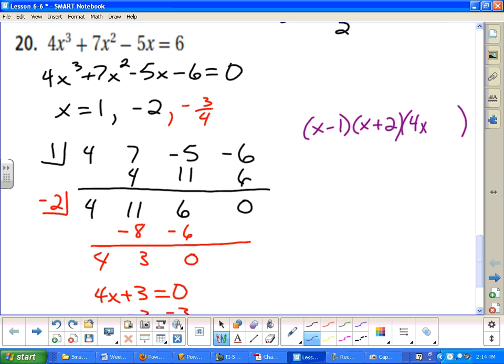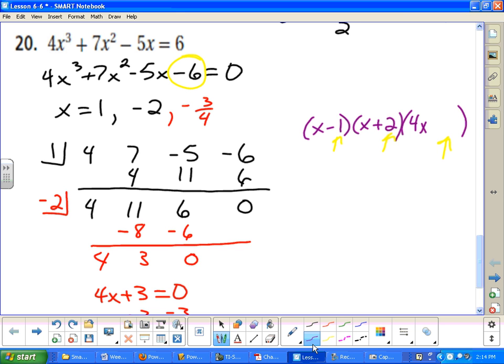Well, then that means also that if I multiplied this number here and that number there, -2, and this last number, then because those are constants, when I multiply the three constants together, I better get the constant of -6.